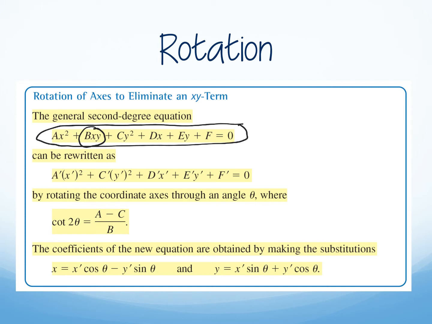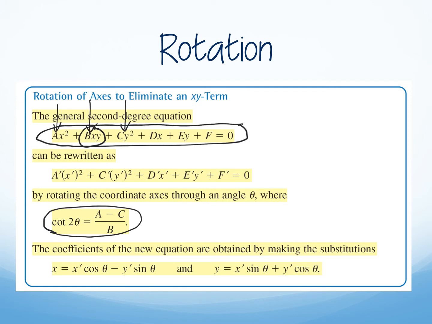The 2 other and most important things on here are how we're going to find theta, because we need to know what angle it's being rotated to. That's the first thing you're going to determine. So the cotangent of 2 theta equals a minus c over b. Remember, a is what's in front of the x squared, c is what's in front of the y squared, and now we've got b, which is what's in front of the xy.